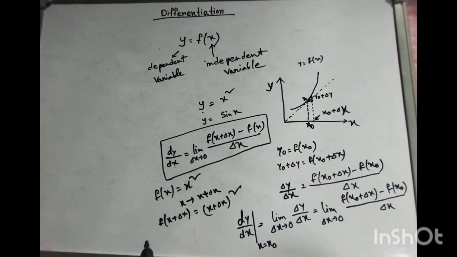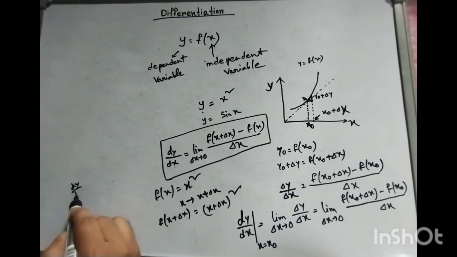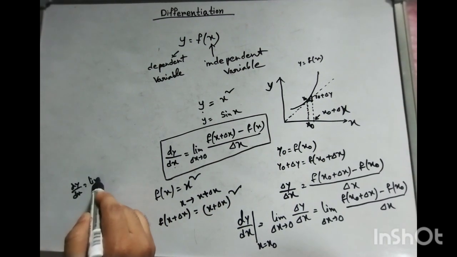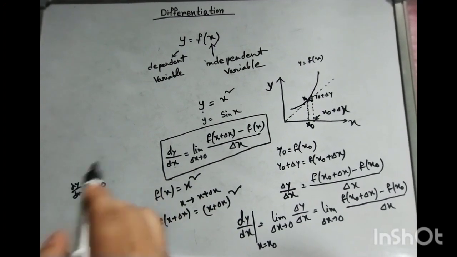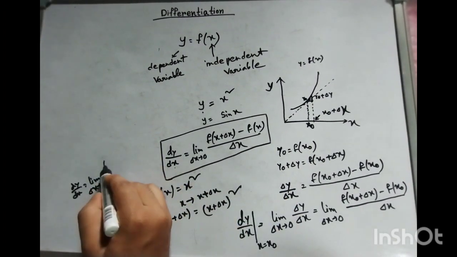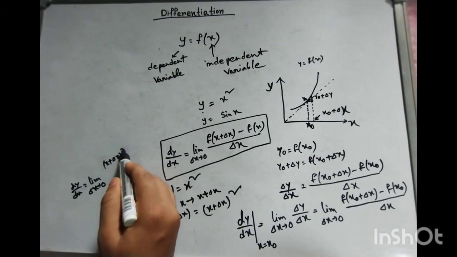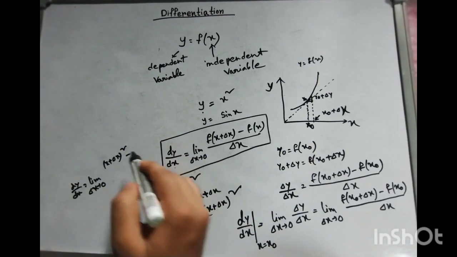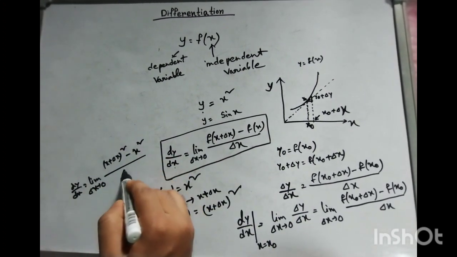So now what will be dy/dx? dy/dx will be limit delta x tends to 0, f of x plus delta x, meaning x plus delta x whole square, minus f of x, which is x square, by delta x.